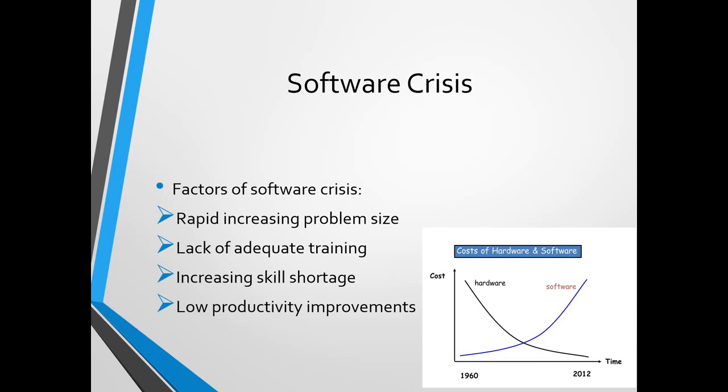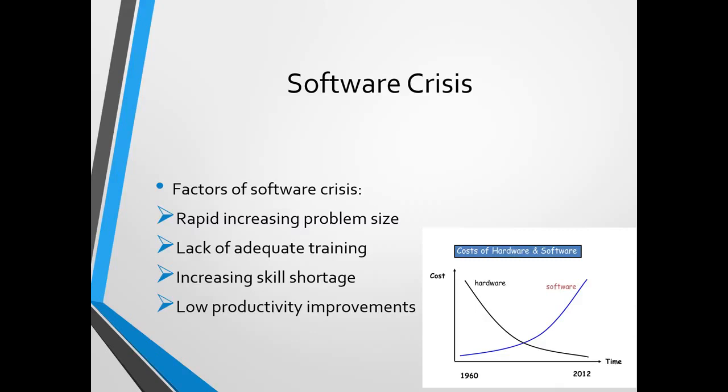Suppose in the past a software developer was developing, say, a 2009 line software. But nowadays, for example, there is a 10,009 line software. So the problem size is increasing.